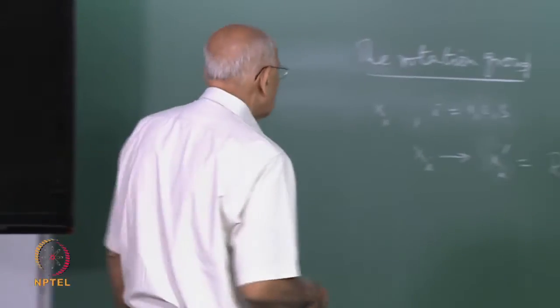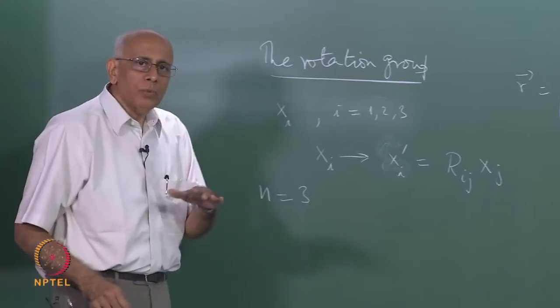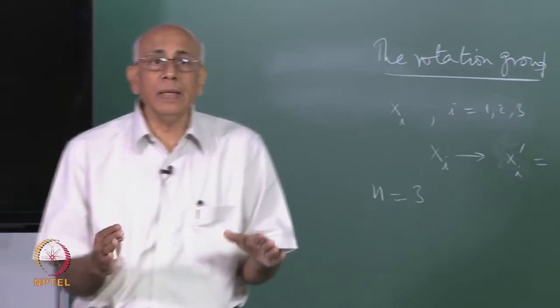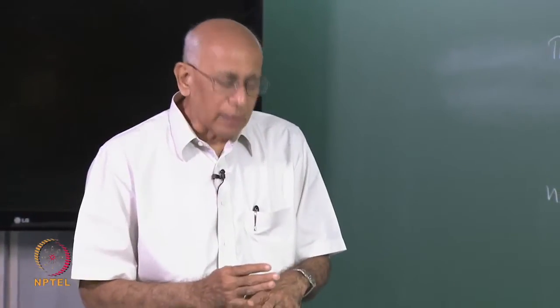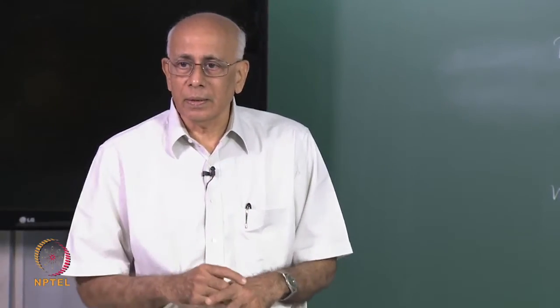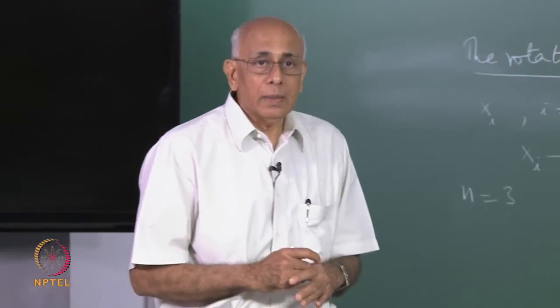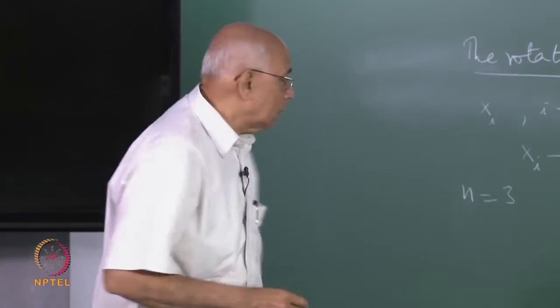In 3 dimensions, the dimensionality n equal to 3, the number of mutually orthogonal independent planes that you can find, one independent set of planes would be the xy, yz and zx planes. Well, it really means you choose 2 coordinates and that would fix a plane.